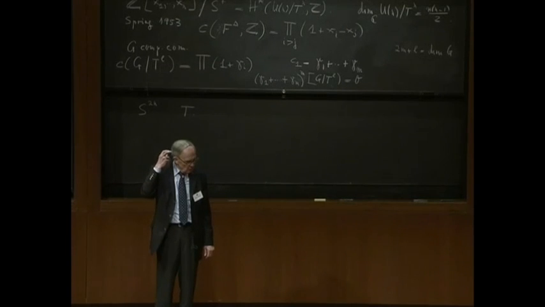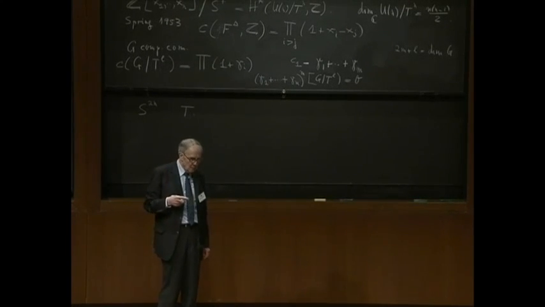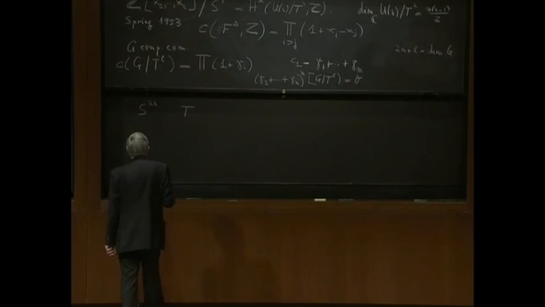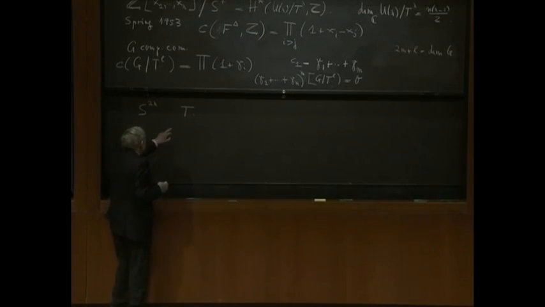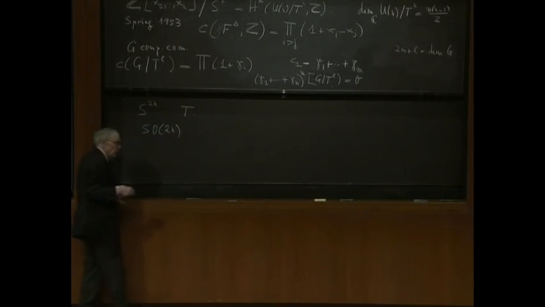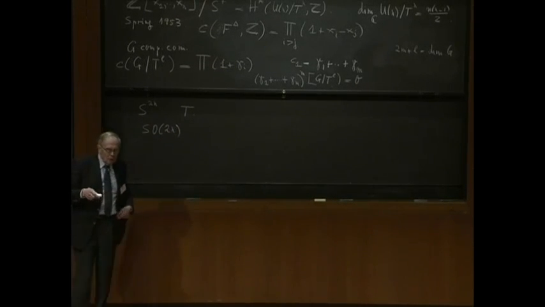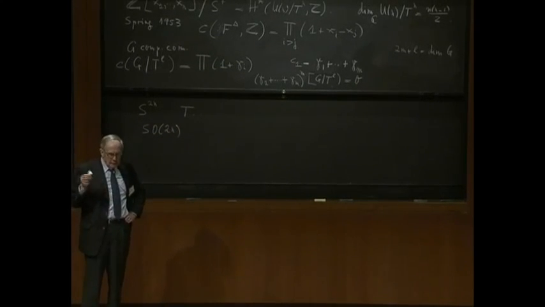This is essentially the same as looking at the character of this representation. Now this tangent bundle T originally admits the orthogonal group as structural group, but we can also use a twofold cover, the spinor group, as a structural group.